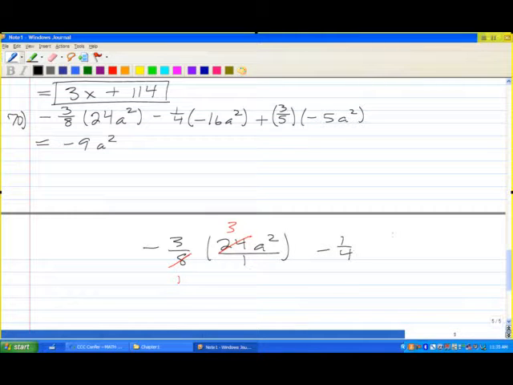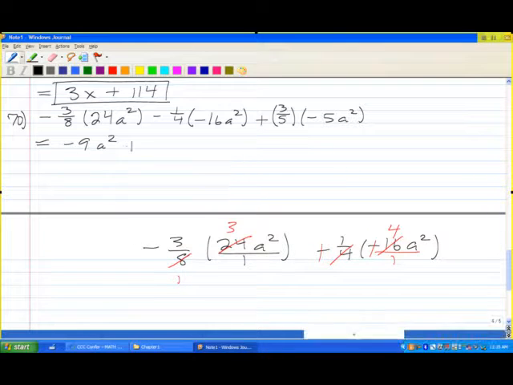Next, -1/4 times -16a squared. Again, let's write that over 1. Negative times negative is positive. 16 divided by 4 is 4. And so this is equal to a positive 4a squared.